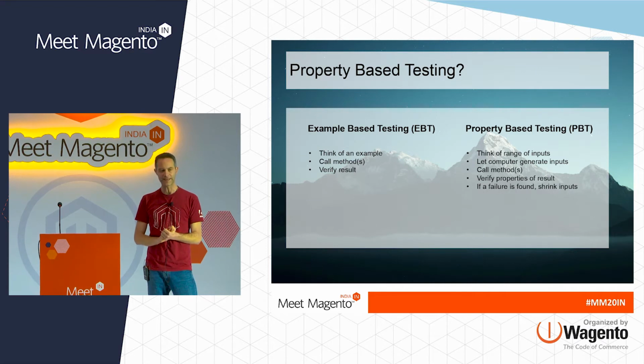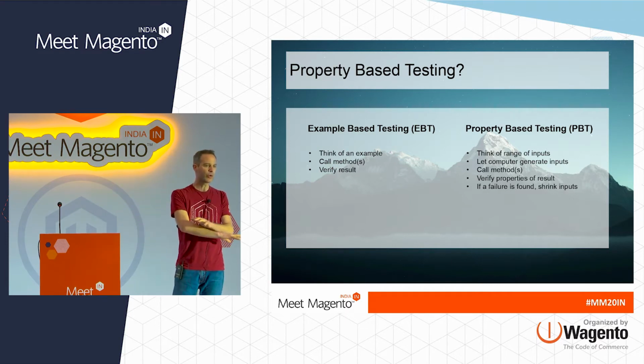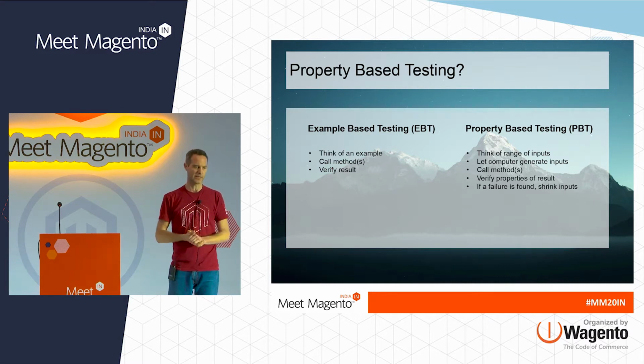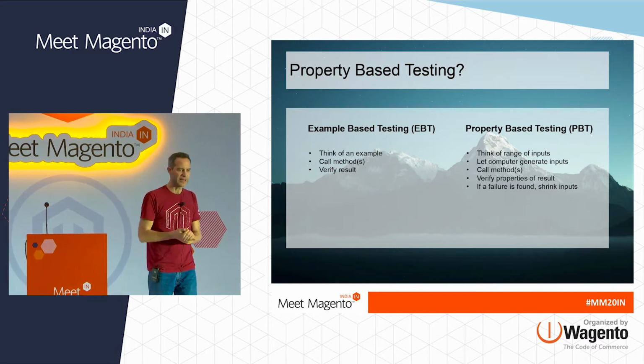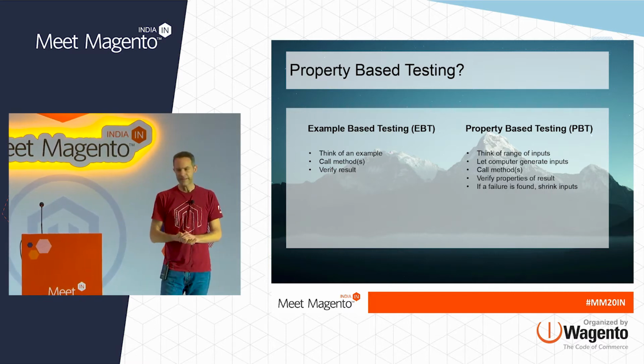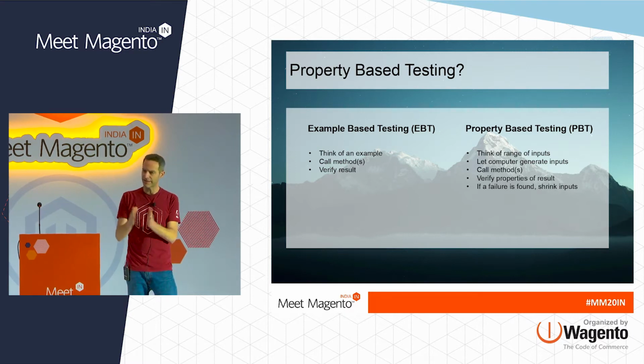With property-based testing, instead of thinking of individual examples that I pick and call my method with, I think about a whole range of possible inputs. So I can say, my function that I'm writing here takes not just one email address, right? It takes any email address. That's a string, but is it any string? Or is it just a subset, strings that are not empty?